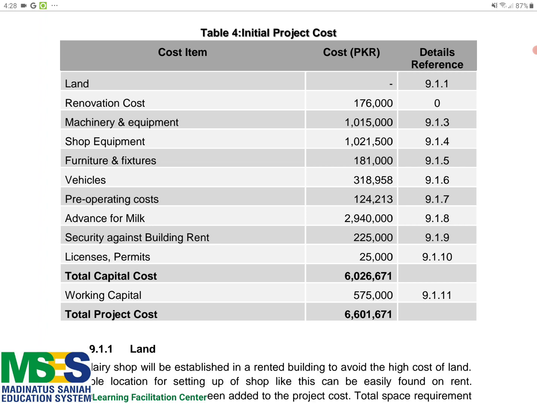But in the milk business, the owner of the farm who is selling milk gets the advance for the whole year before he has sold a single liter of milk. Things in the milk market are very fast, and people tend to give you advances very easily, in cash, in bundles of cash.